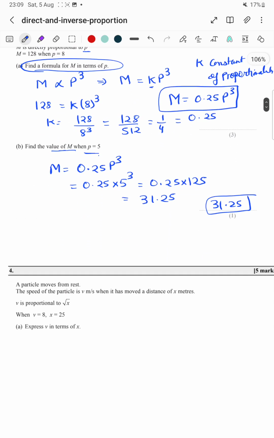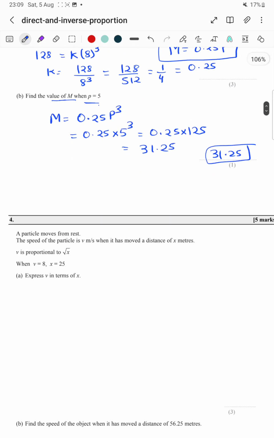Now one more question. A particle moves from rest. That means when t is 0, the velocity or the speed will also be 0. See, sometimes values are not given directly, but we need to understand. A particle moves from rest.